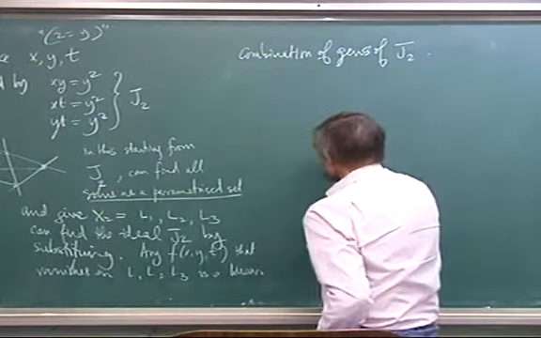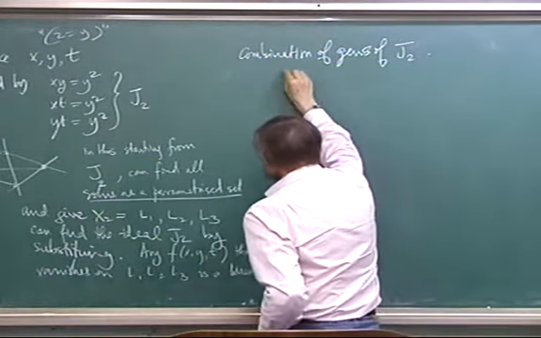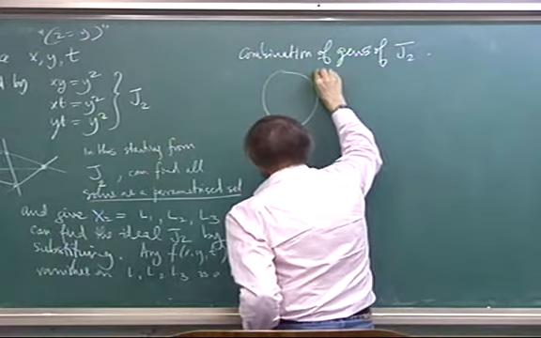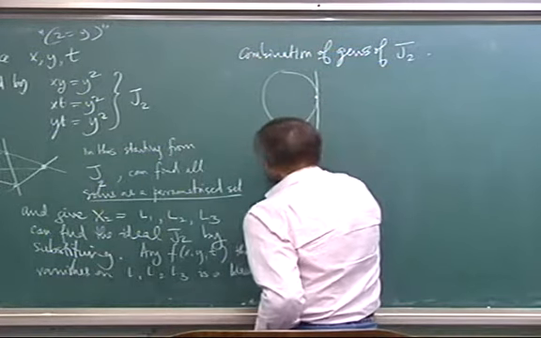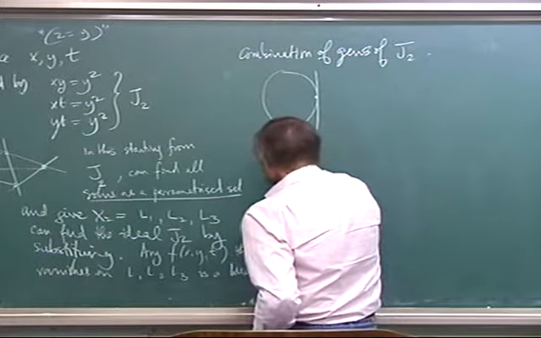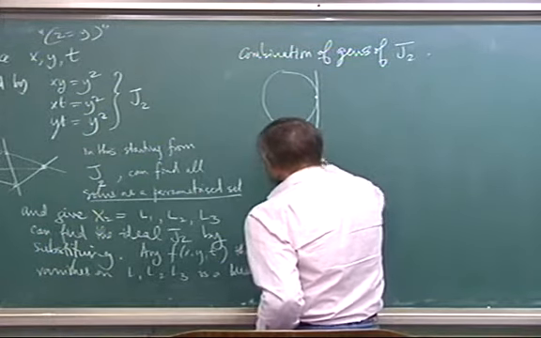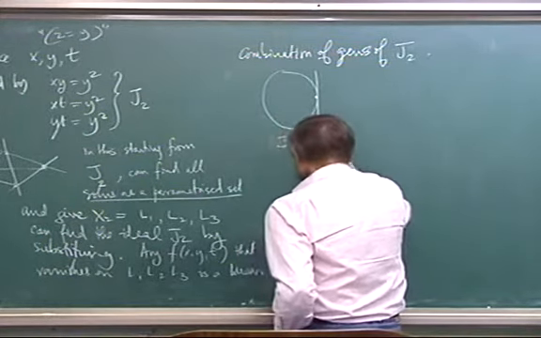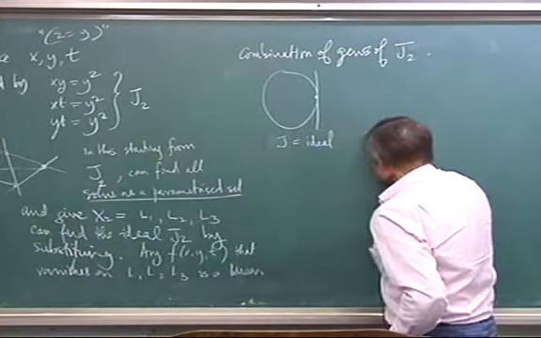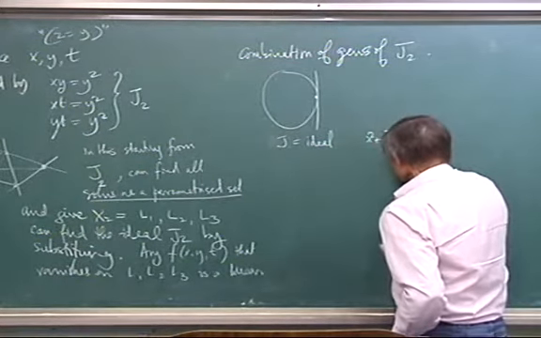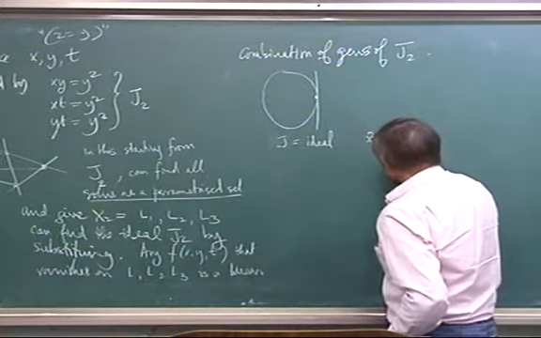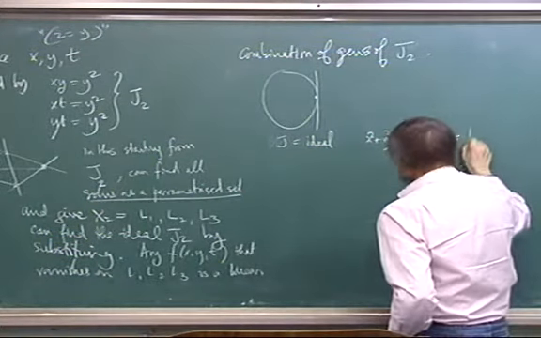Now a much more trivial example that we've already seen. Let J be the ideal (x squared plus y squared minus 1, y minus 1).